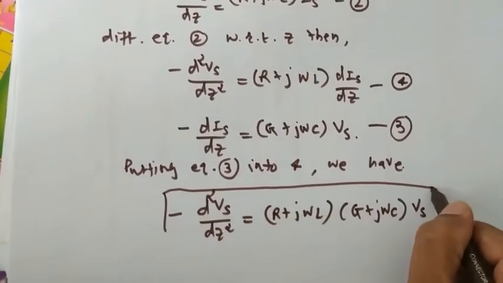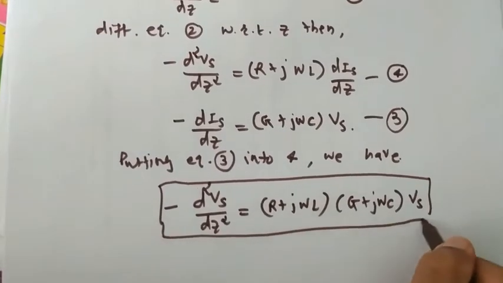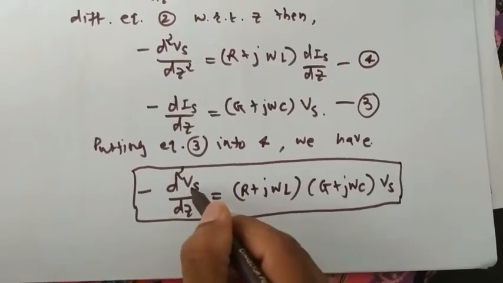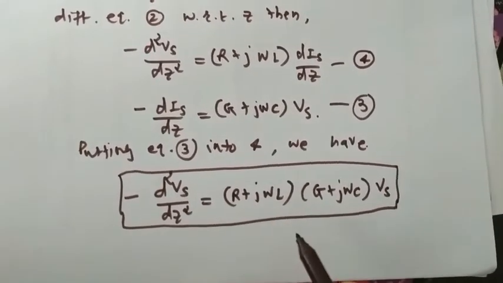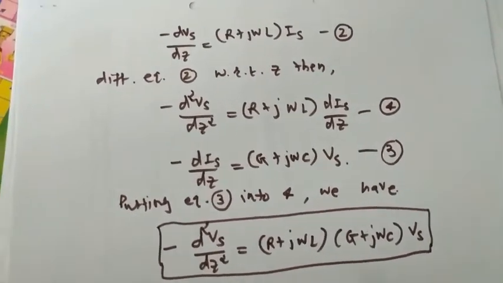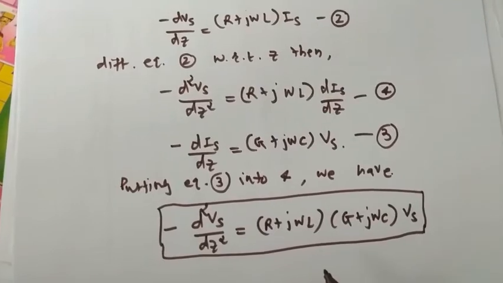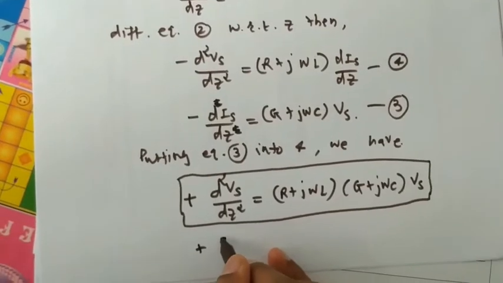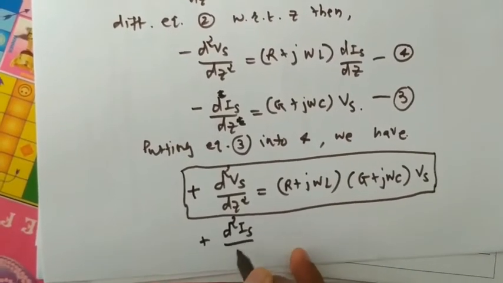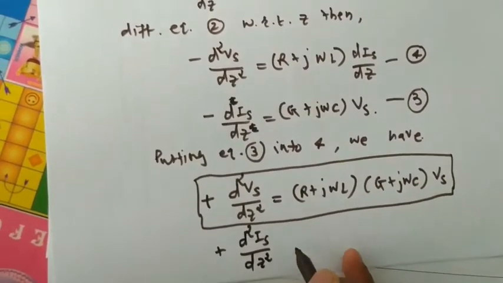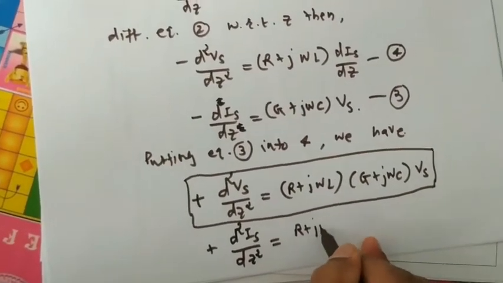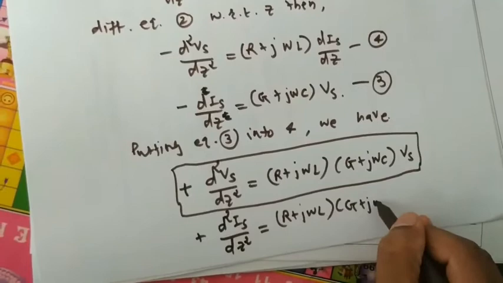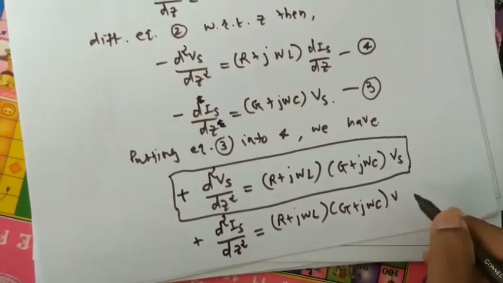So finally we have a single transmission line equation in terms of the phasor voltage Vs. In the same way, if I do it for the current part, then d square Is over dz square equals (R plus j omega L)(G plus j omega C) into Is.